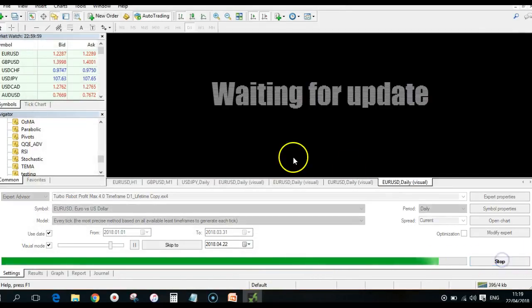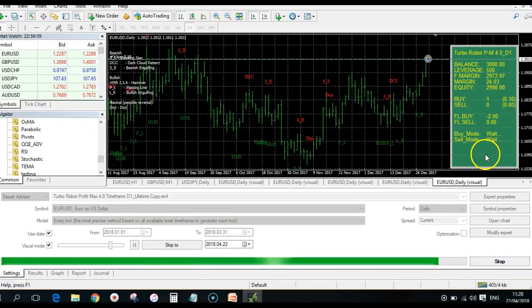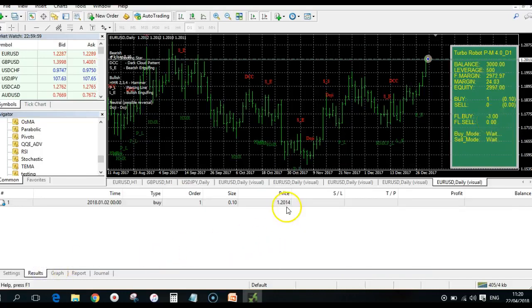Okay, so now I'll be using, sorry, so we start with a loss first, because normally in the market when you enter, there's definitely a loss because of your spread. All right, so you can see that. So we are waiting for 10 pips, the 10 pips that will hit the TP.